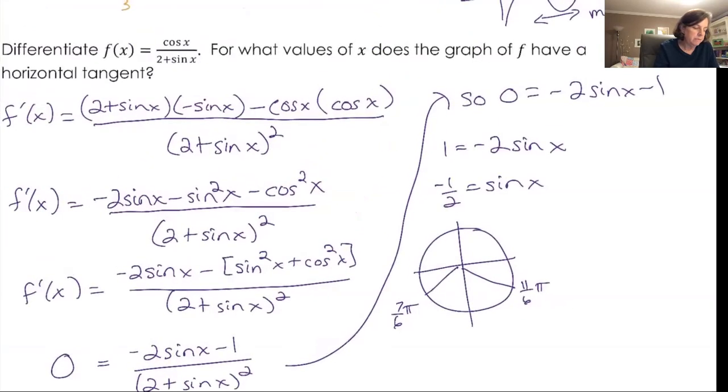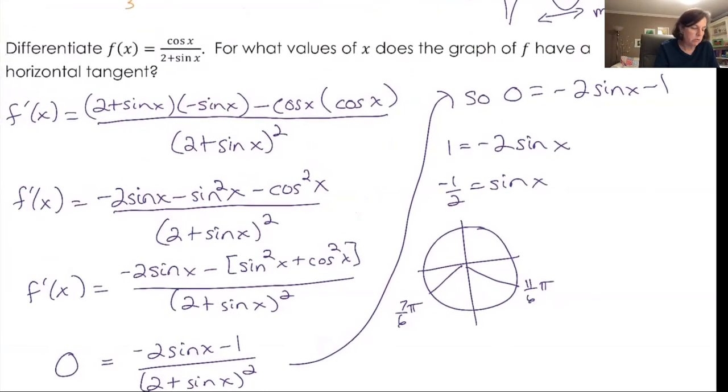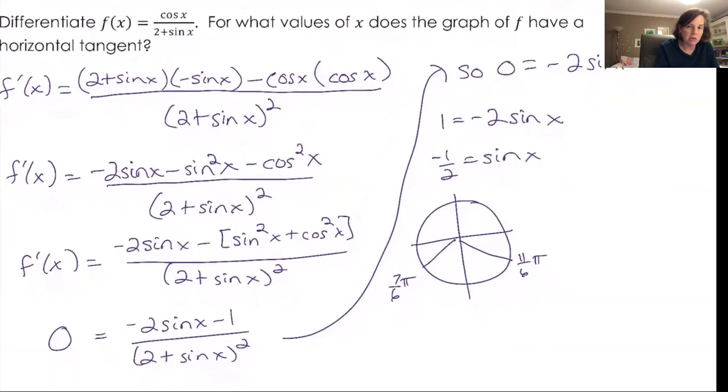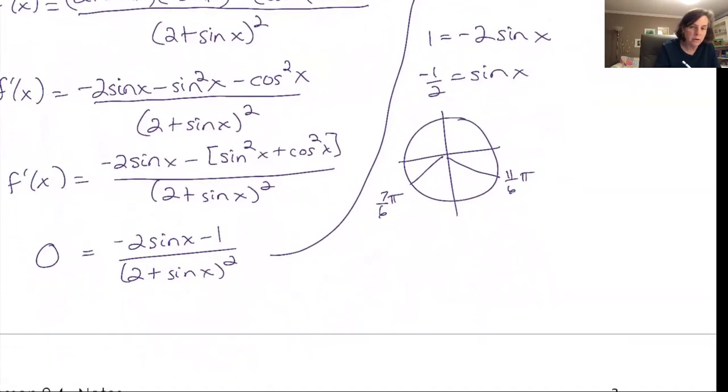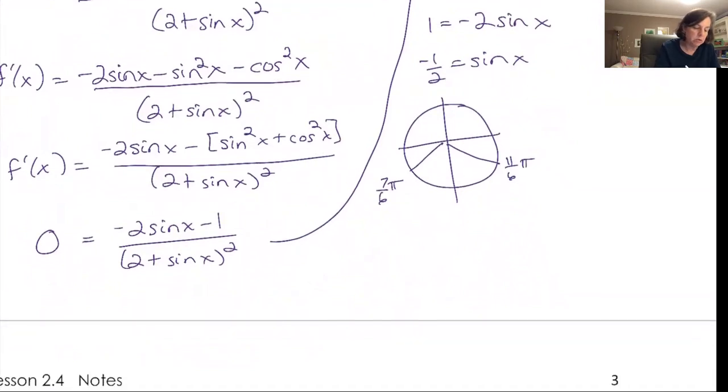Now, this didn't say that we should only find values within a certain range, so that means all real values. I hope you remember some of this from doing trig equations last year. If I start with 7/6 pi, I can add or subtract 2 pi n times.